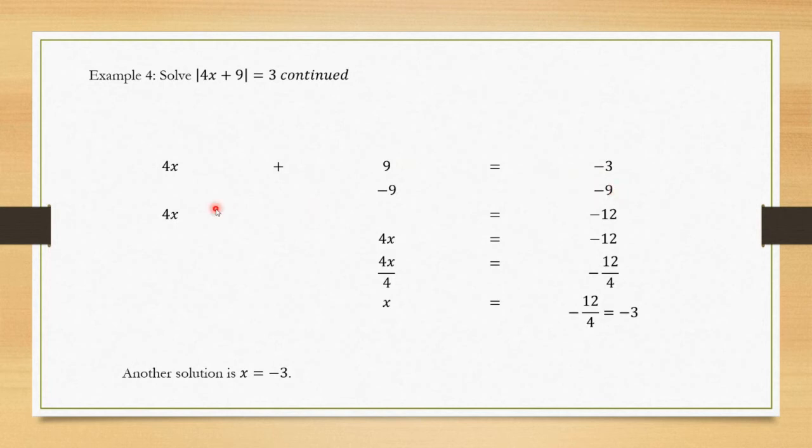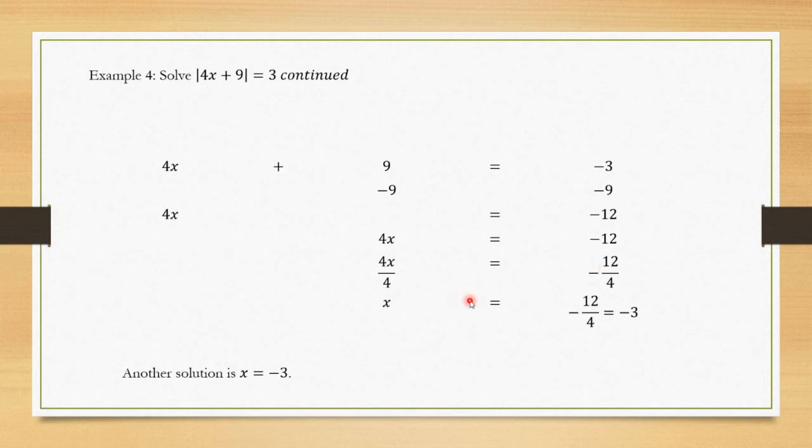We get 4x now is negative 12. Then we get 4x equals negative 12. I just brought the 4x over. Just like in the previous slide, we want x to be all alone. So we divide by 4. And remember, with an equation, what you do to one side, you have to do to the other.